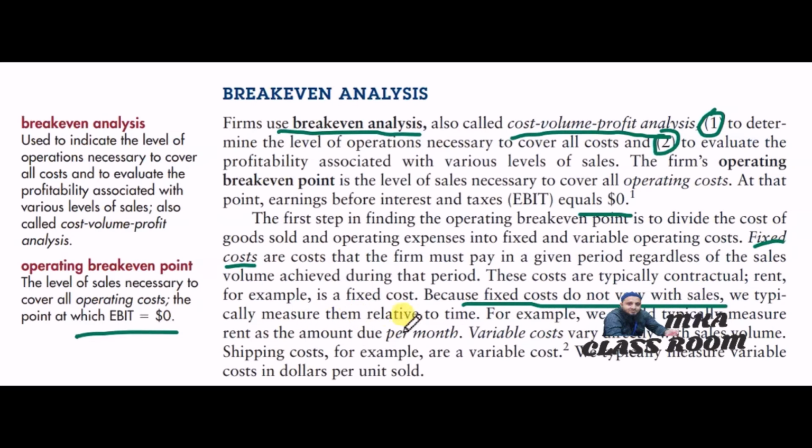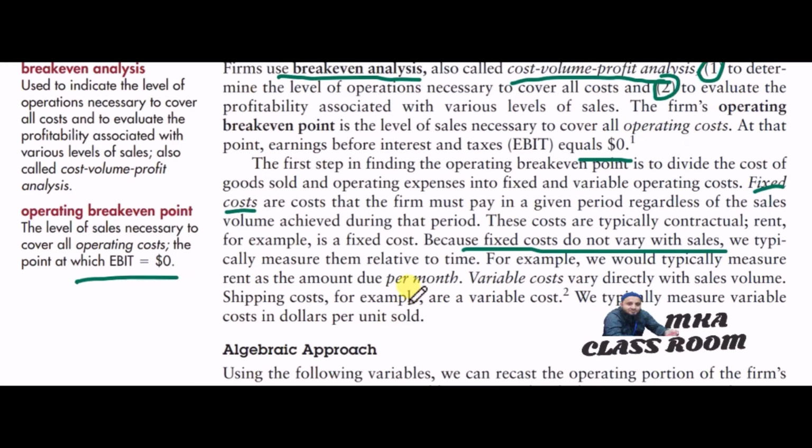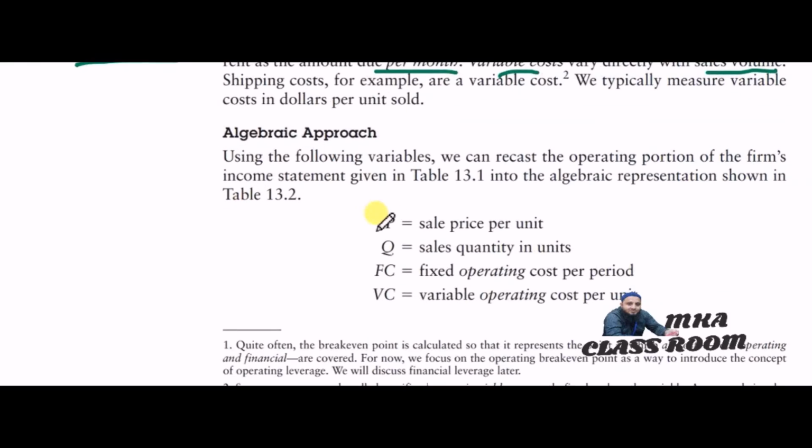We typically measure fixed costs relative to time. For example, we would typically measure rent as the amount due per month. Variable costs vary directly with the sales volume, like shipping costs.